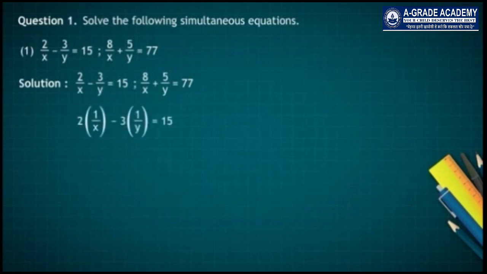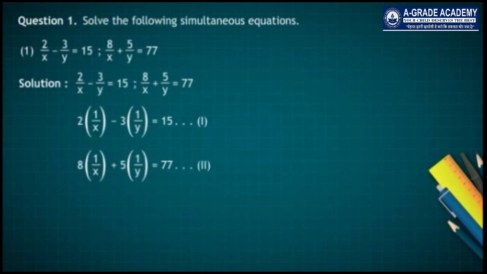2 times (1/x) minus 3 times (1/y) is equal to 15. This is our equation number 1. 8 times (1/x) plus 5 times (1/y) is equal to 77. This is our equation number 2.